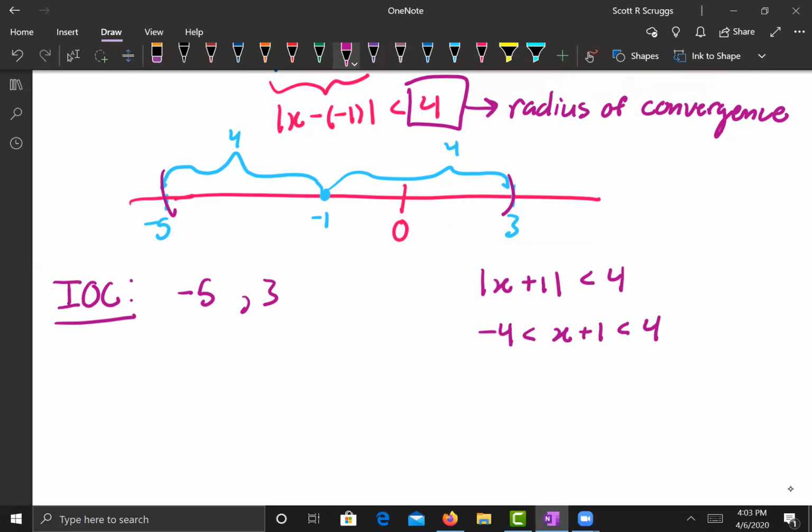And then I subtract 1 from everything to give me what I expected. But I'm not done yet, because I still need to check whether or not my endpoints give me a convergent series.